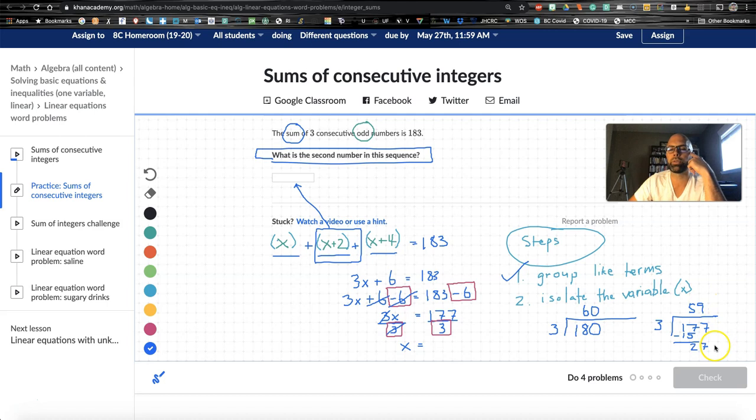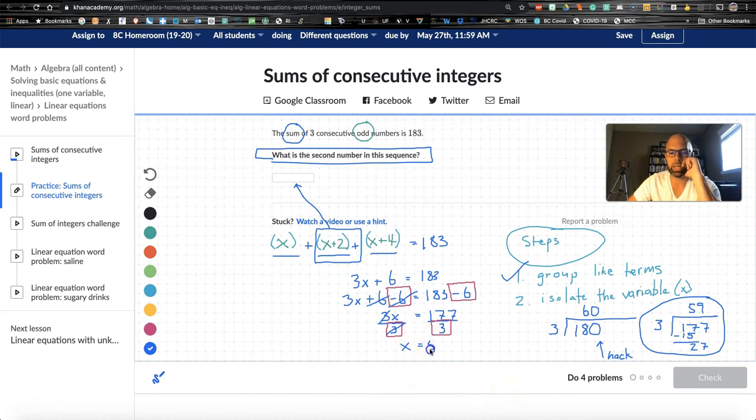Okay, I just showed you the actual math on getting to 59. But this is my hack. I just look around for some easier numbers, and I can do 180 divided by 3 in my head. And some of you maybe can. If you can't, you probably will be able to soon. So that'll come.